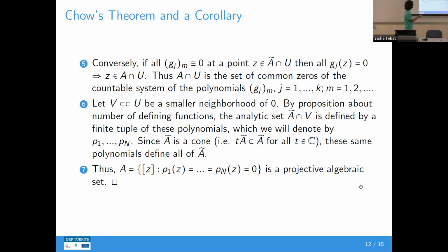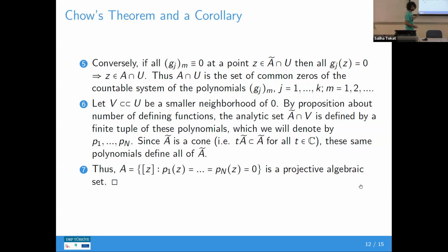Then we can use the theorem and obtain finitely many defining functions, which we will denote by p_i's. Since Ã is a cone, they are locally defining it, but we can extend this defining property to all of Ã. So they define all of Ã.